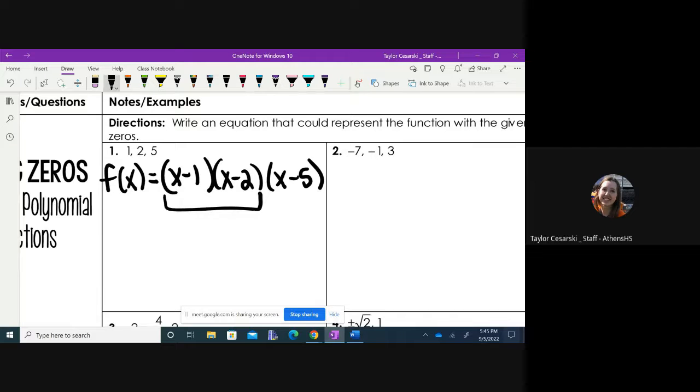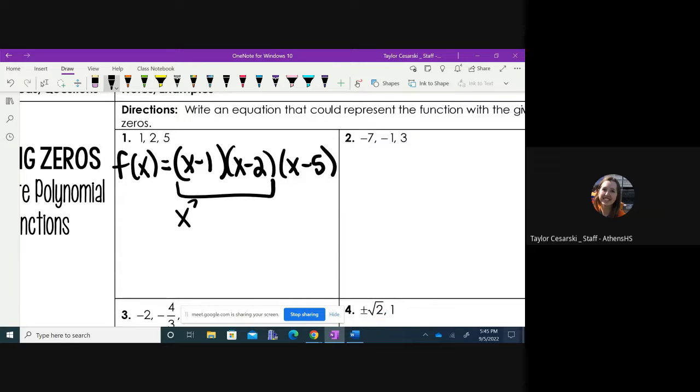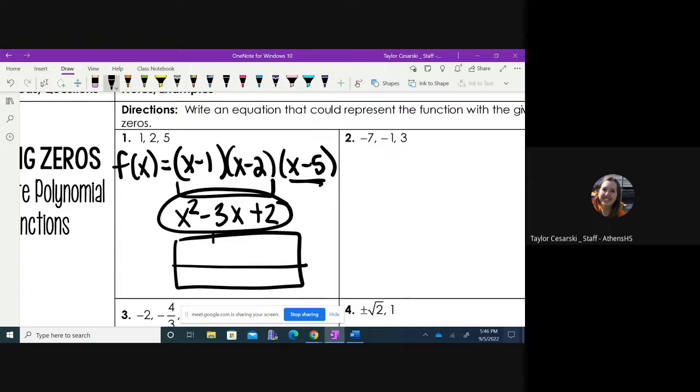So I'm going to first just choose 2 to multiply, and that gives me x squared minus 3x plus 2 when I multiply those together, FOIL or box. Then I'm going to not forget that I need to multiply that by x minus 5, and I use a box for this.